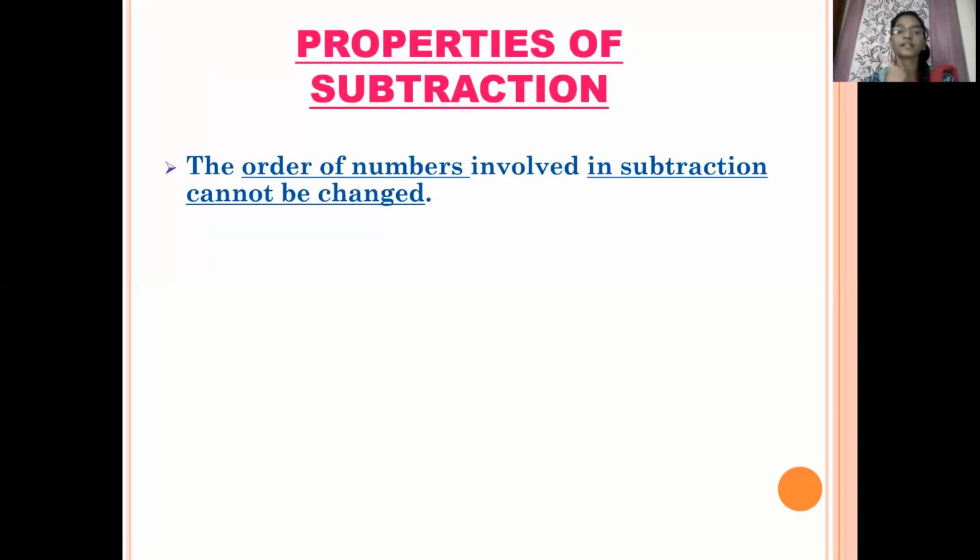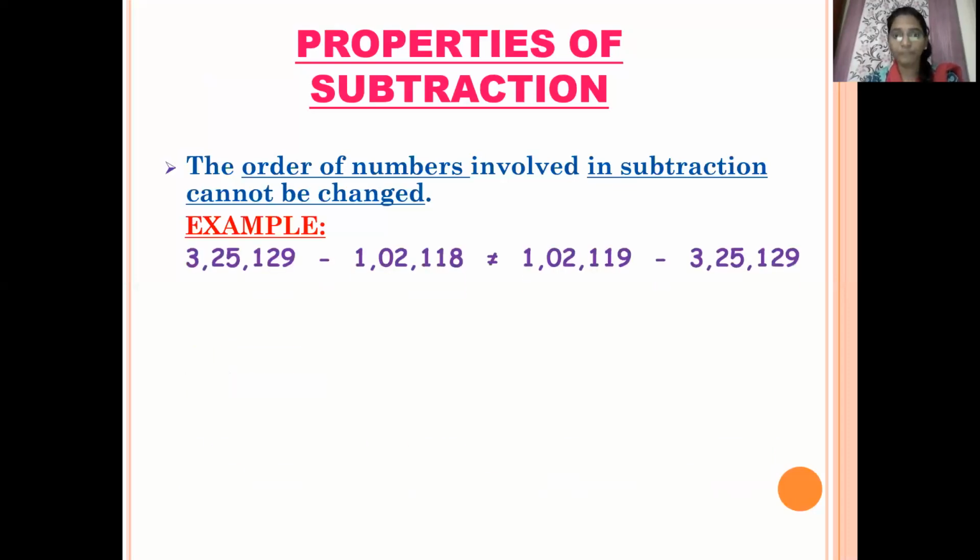Yes, because 2 minus 1 is 1. Now 1 minus 2, when I change the order, is not equal to 1. So order property is not applicable for subtraction operation. Example, I'll take a large number here. 3,25,129 minus 1,02,118.